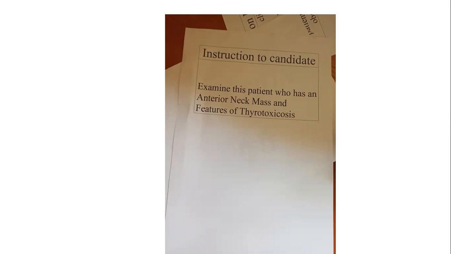Then you check for myxedema around the pretibial region. You check for ankle reflex also. I think for that one you supinate the ankle and then hit it at the back to check for the reflexes. I think that's most of the things that I would do.